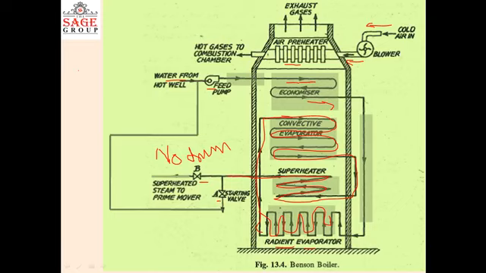After passing through the economizer, then radiant evaporator, then convective evaporator, then superheater, it will pass through this starting valve, and again follow this passage, and with the help of the feed pump it will enter the economizer again until its temperature rises sufficiently.